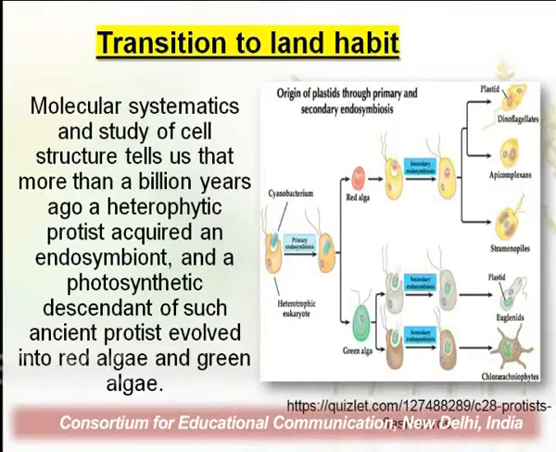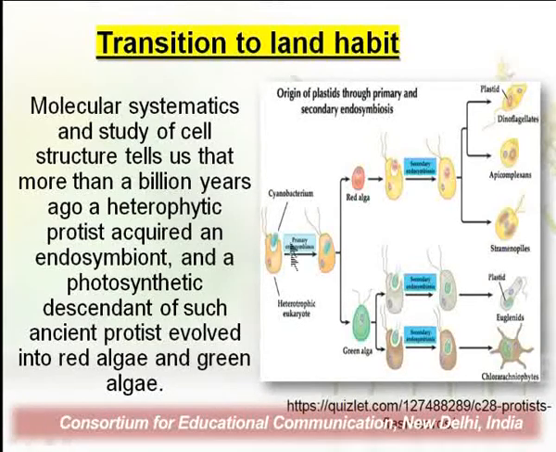Molecular systematics and the study of cell structure tell us that more than 1 billion years ago, a heterotrophic protist acquired an endosymbiont, and a photosynthetic descendant of such an ancient protist evolved into red alga and green alga. From these cells of green alga, we believe that the rest of the land plants have evolved.